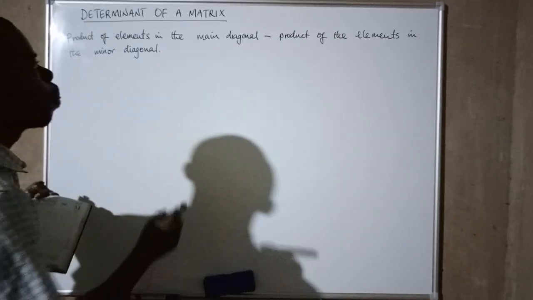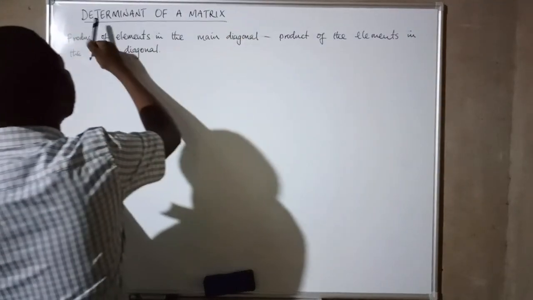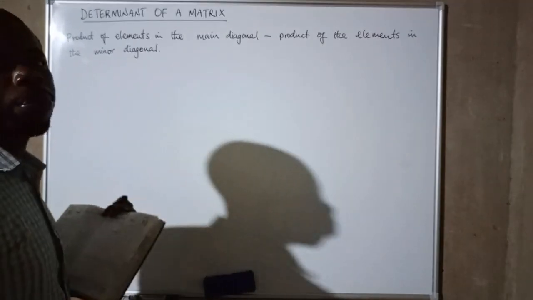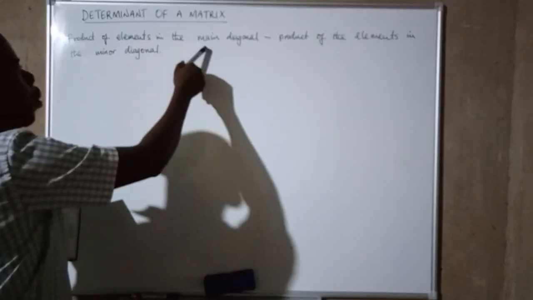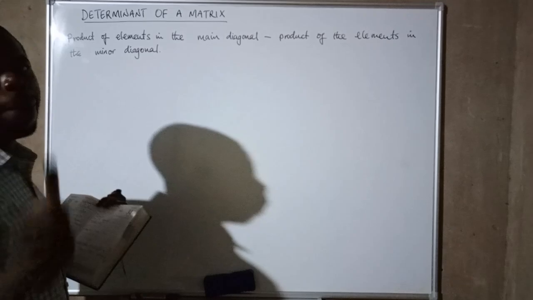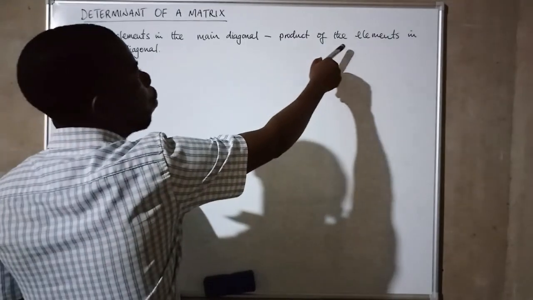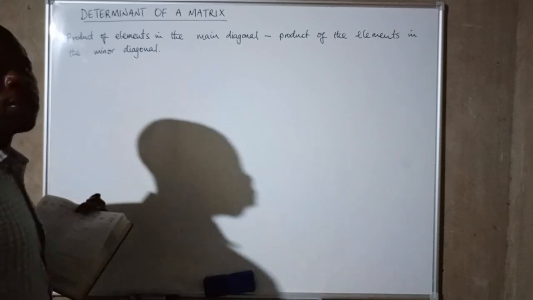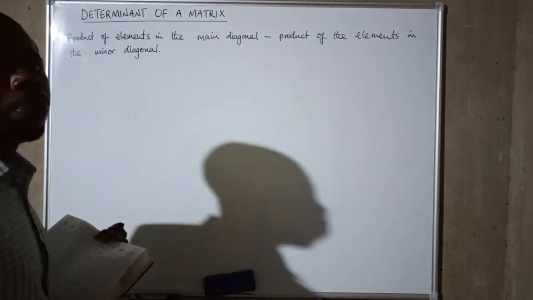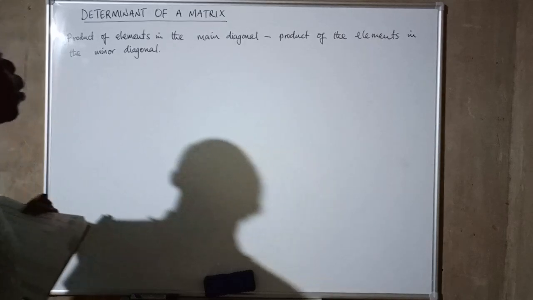So that's what a determinant of a matrix is. When you get the product of the elements in the main diagonal minus product of the elements in the minor diagonal, that answer which you are going to get is what we call a determinant of a matrix.